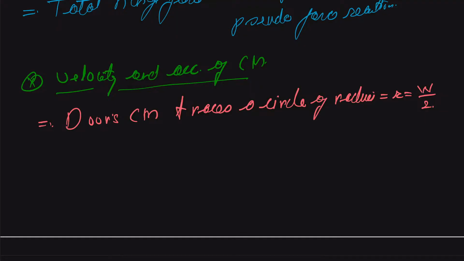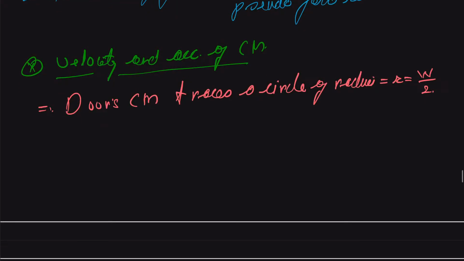And we can also find out the linear velocity, which is nothing but the velocity of our center of mass, and that is equal to omega times r, and our r is W upon 2.